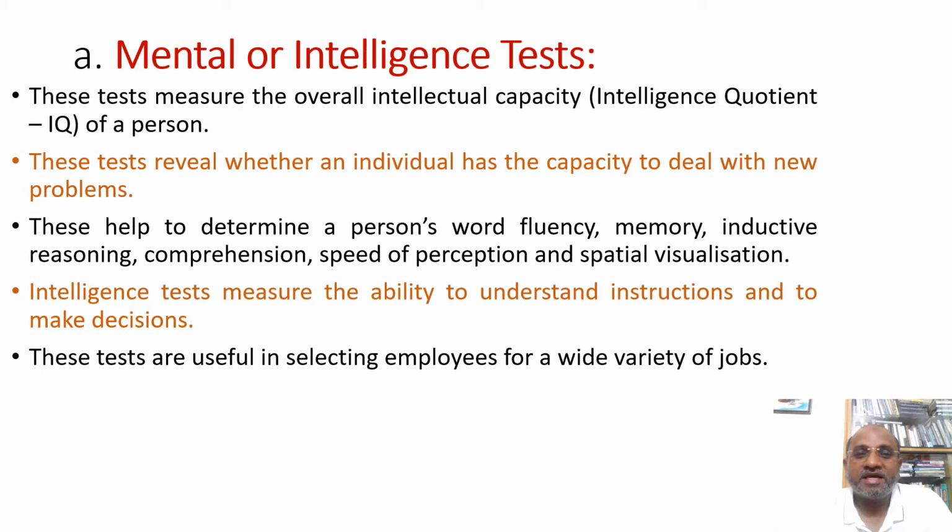As the name indicates, this is about the testing of IQ of a person, that is intelligence quotient. Now, this test reveals whether the candidate has the capacity to deal with new problems, because every now and then in our profession there will be problems arising due to various sources. So whether this candidate is able to cope up with those situations.